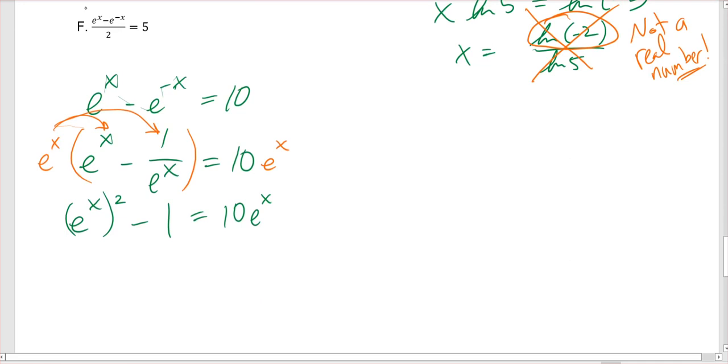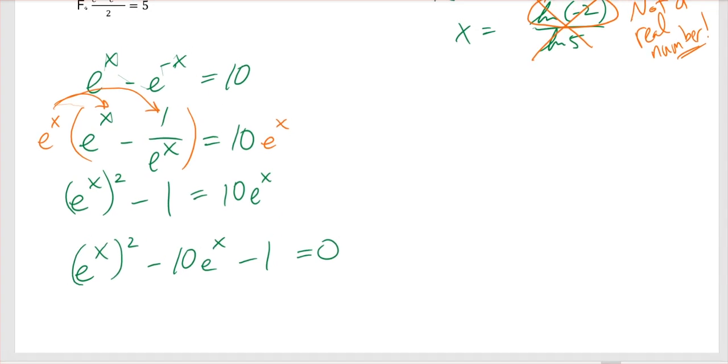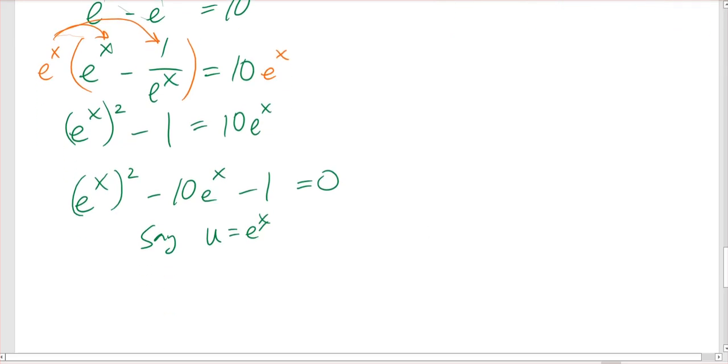And now this looks an awful lot like the one we just had, doesn't it? So we got e to the x squared minus 10 e to the x minus 1 equals 0. And now maybe we can make a substitution. Let's say u is equal to e to the x.